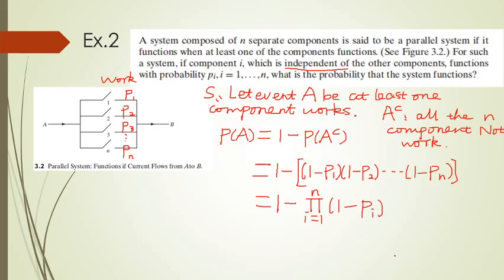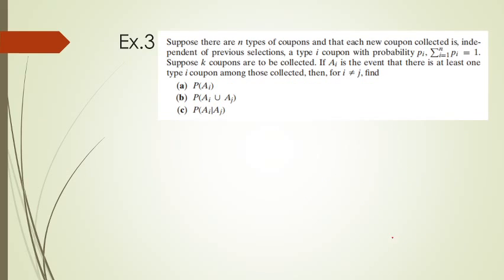Now let's check one more example. It also plays around with the at least stuff. Example 3. Suppose there are n types of coupons, and each new coupon collected is independent of previous selections, which means out of the n coupons, each one is selected independently. A type i coupon with probability pi.